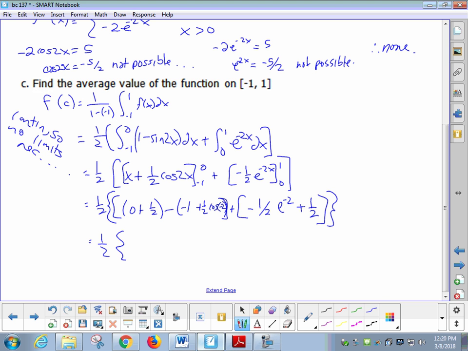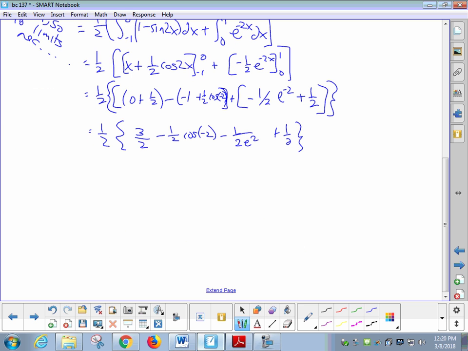So, all right, here we go. Sorry, I'm getting it. 3/2 minus 1/2 cosine of -2 minus 1/2 e squared plus 1/2. So that's pretty good, although I guess the 3/2 can combine.